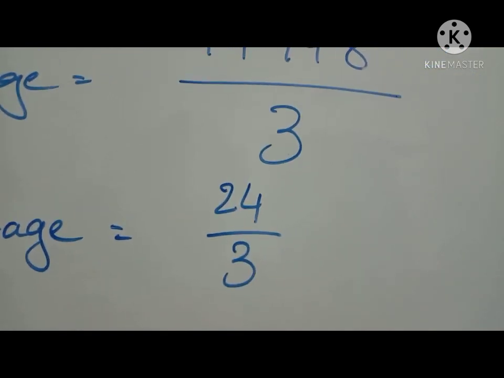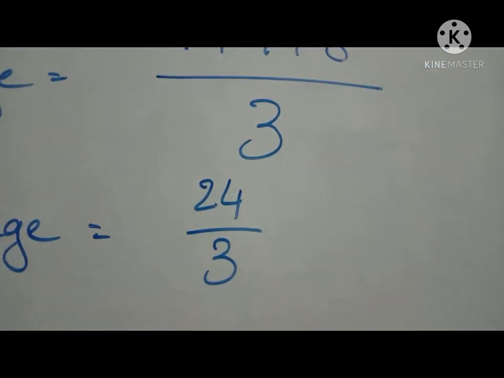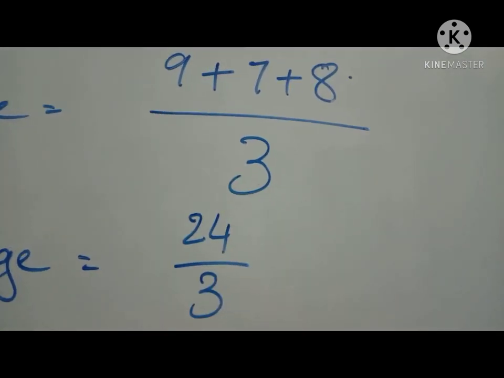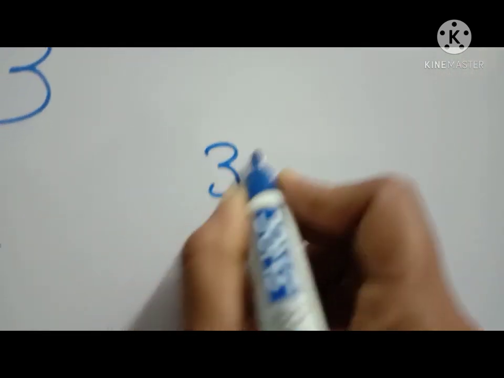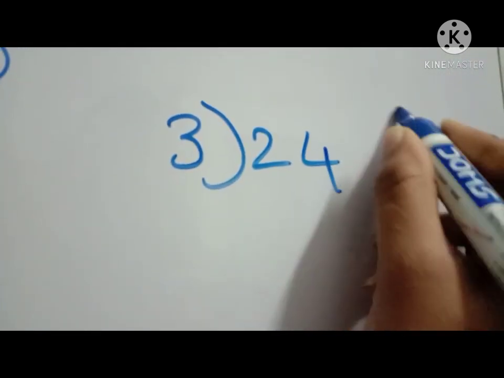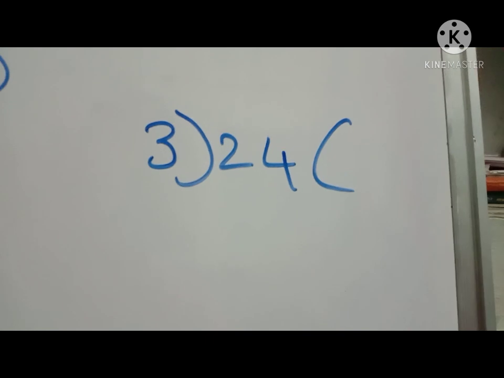And now what we have to do here is the division. Okay? Now here we have to do the division. So, see here, 3, 24. In the 3 table, is 24 there or not?